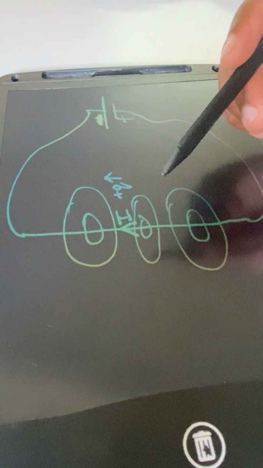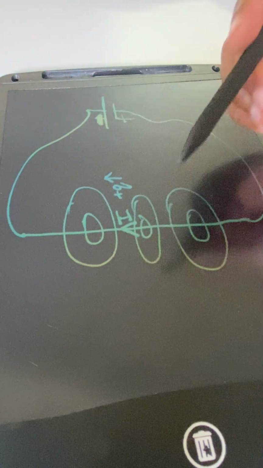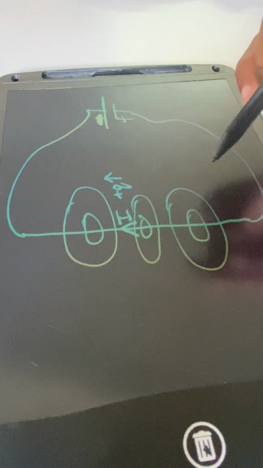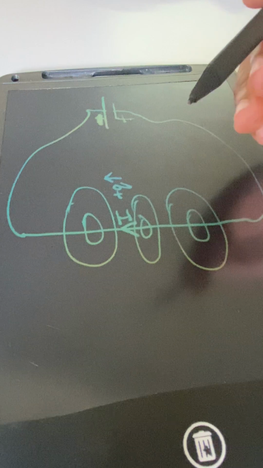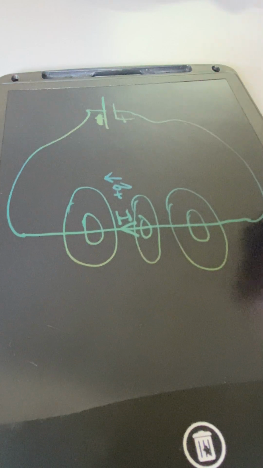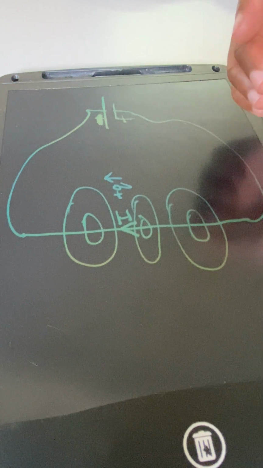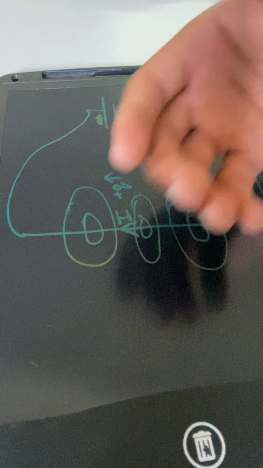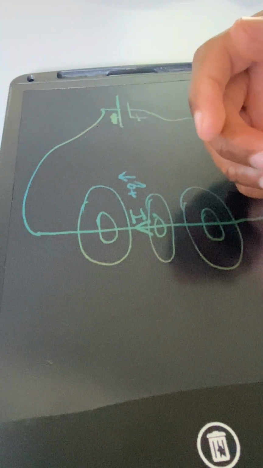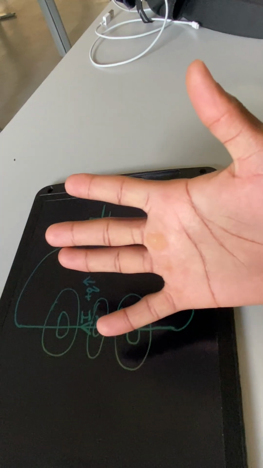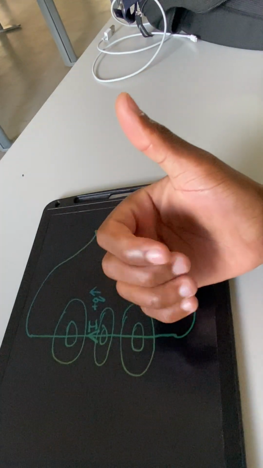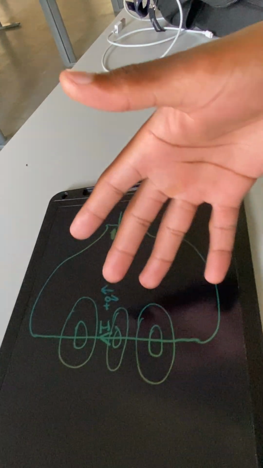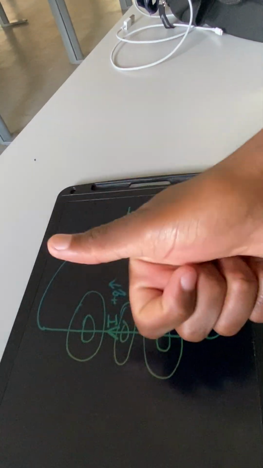So how do you determine the direction of these magnetic field lines? We use what you call the right-hand grip rule. You have your right hand, and you pretend as if you are gripping your conductor like this.